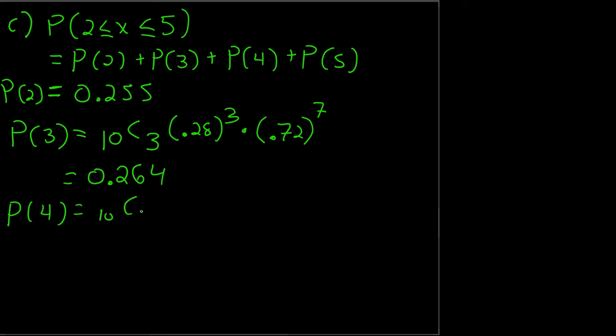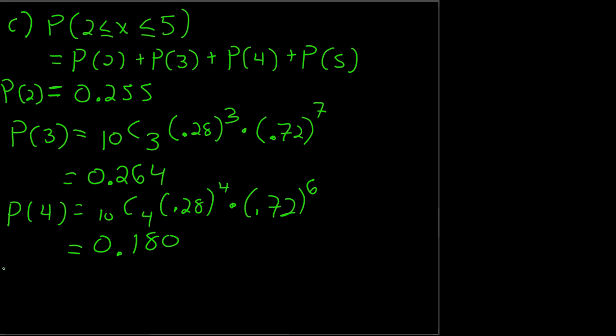I'll do the same thing with probability of 4. That gives me 10 C 4, 0.28 to the fourth times 0.72 to the sixth. So updating my calculations on my calculator. Takes me a second to scroll up. And I get 0.180.